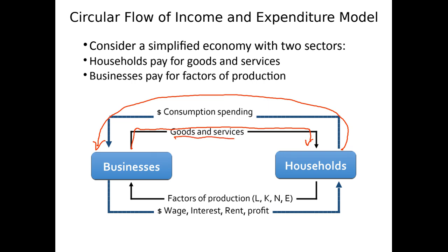The same thing is happening in the factors of production market. So if you see, household sector is selling factors of production. That is, we are moving in this direction. So the factors of production are flowing from household sector to business sector.